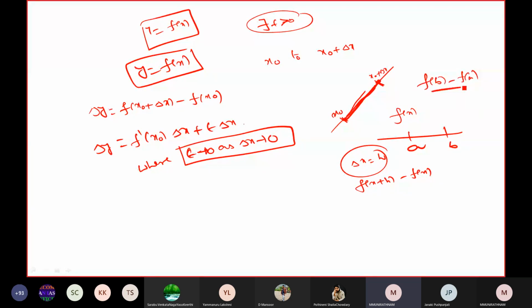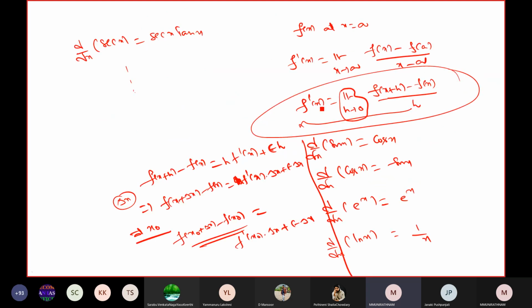In the same way, the amount of change in y is f of x naught plus delta x minus f of x naught. And how will this be written? Using the definition of f dash of x.